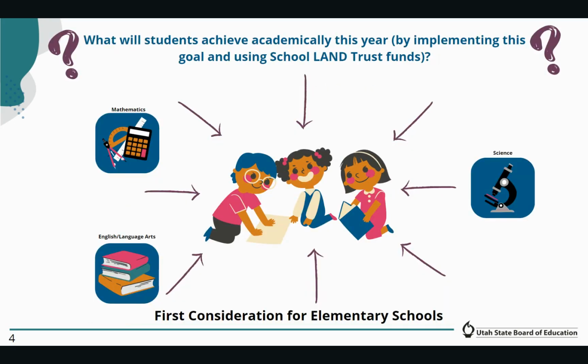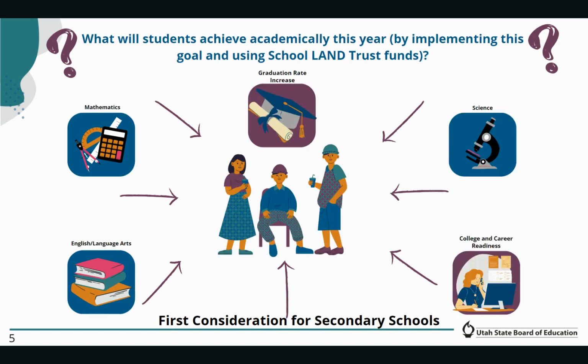Goals should be student-centered and written to address the areas of first consideration as outlined in rule. Those content areas for elementary schools are math, science, and English language arts. For secondary schools, the areas of first consideration carry over from elementary and also include college and career readiness and graduation rate increase.